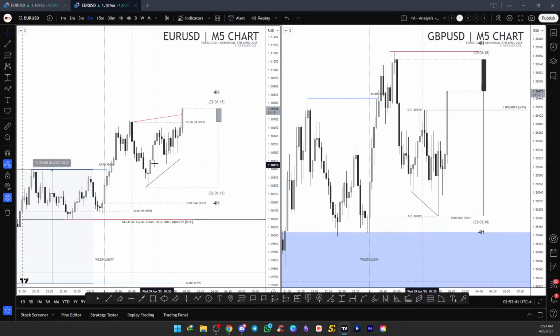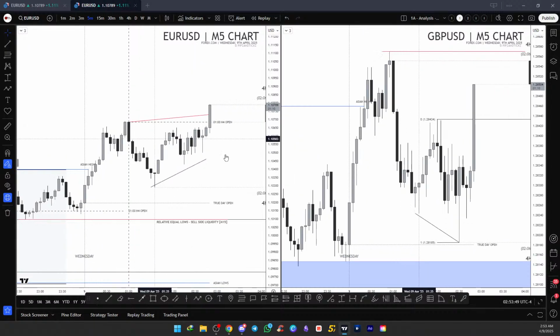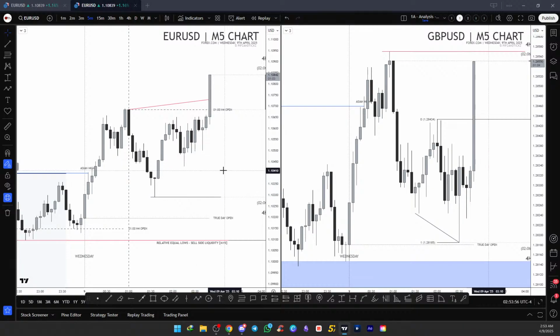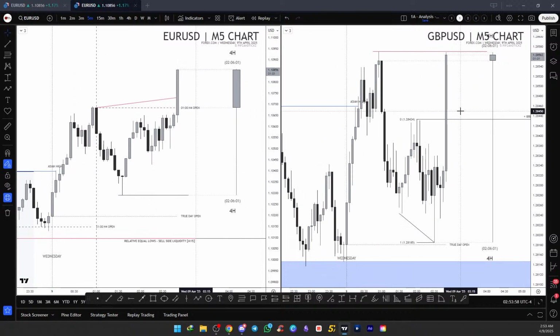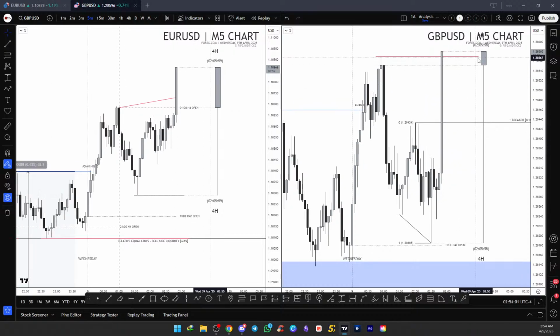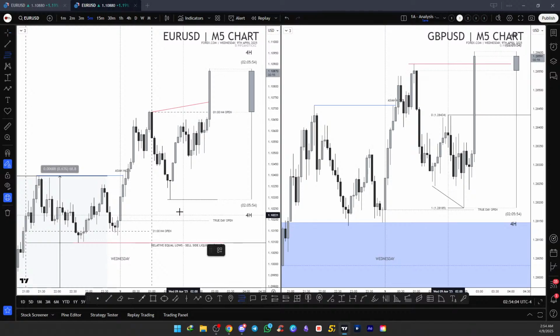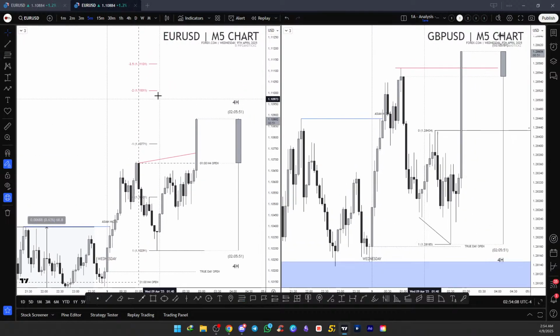We'll take a trade if we see a change in state of delivery. Wow. I don't think the SMT... Okay, SMT has failed. Let's see. It should reach this level now.